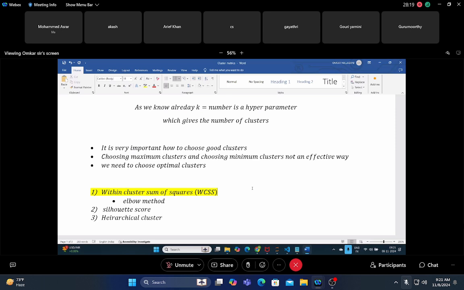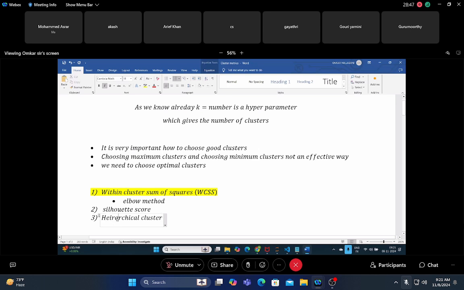Within cluster sum of squares is nothing but the elbow method. Another one is the silhouette score. Another one is the hierarchical cluster. Some people will say hierarchical cluster is another method, but in hierarchical clustering also we can choose the clusters, so that's why I'm writing it under the metric only. But some people will say that is another method also.